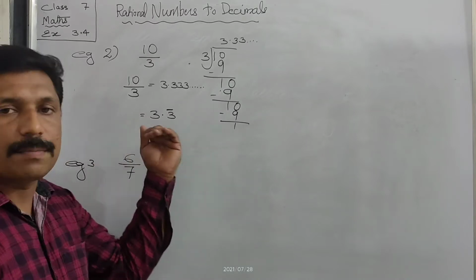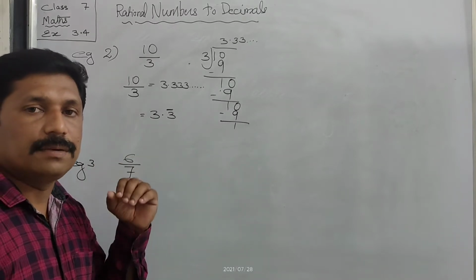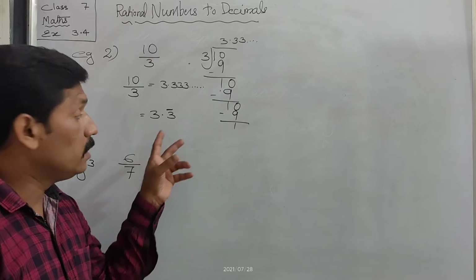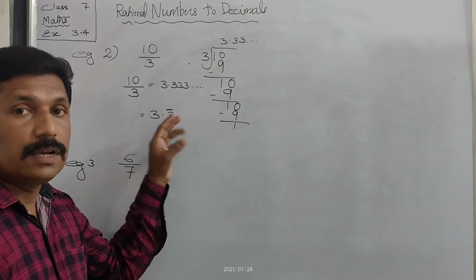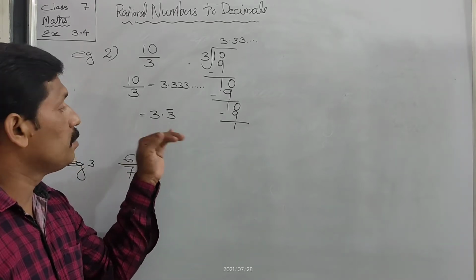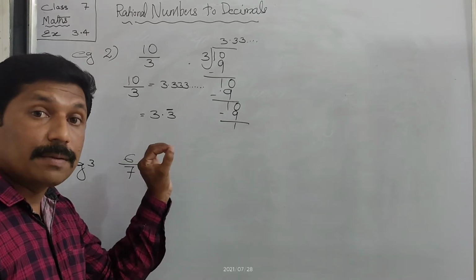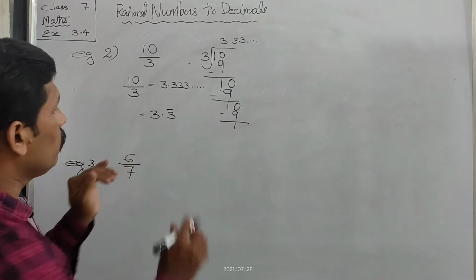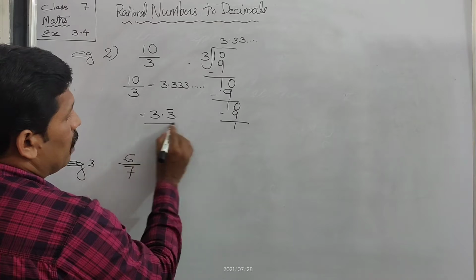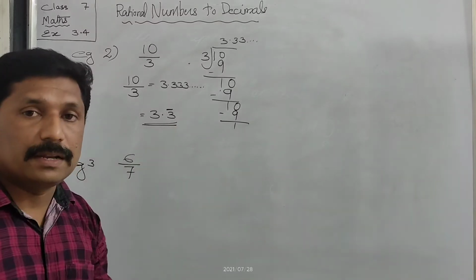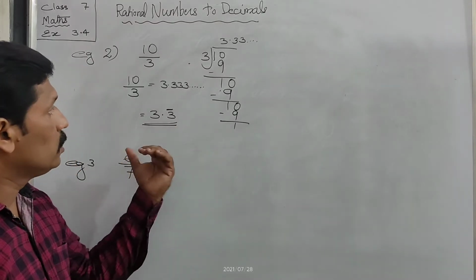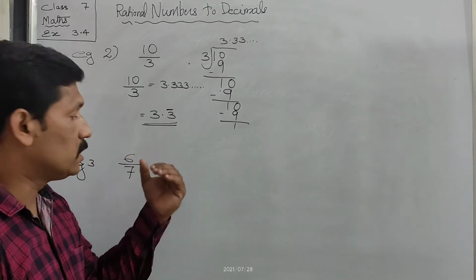So this is a non-terminating decimal. Non-terminating means the decimal part never stops. Such decimal numbers are called non-terminating decimals. Therefore, 10 upon 3, when we convert it to a decimal number, changes to a non-terminating decimal.